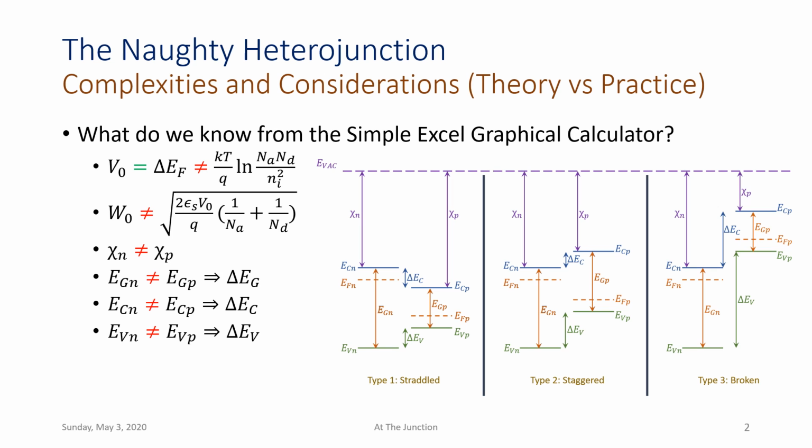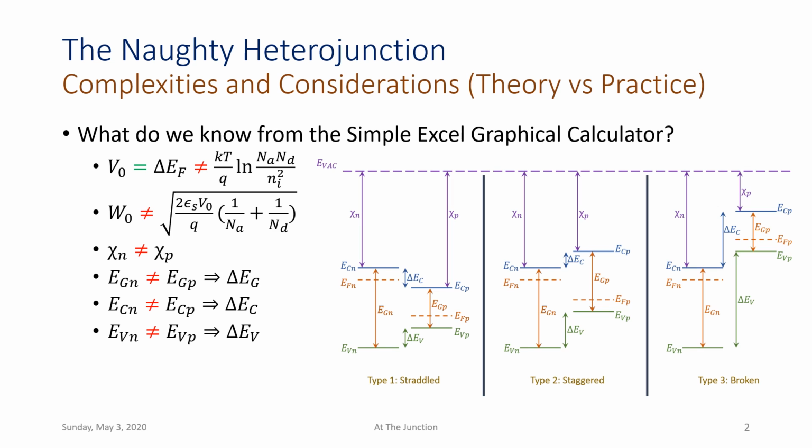And the third type is the broken heterojunction, in which the conduction bands and the valence bands, or the entire band structure of one material, is either above or below the entire band structure of the second material.